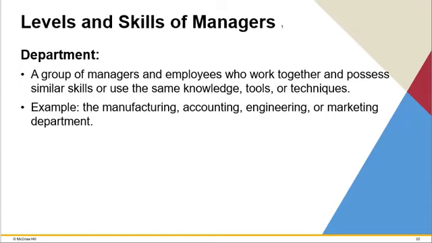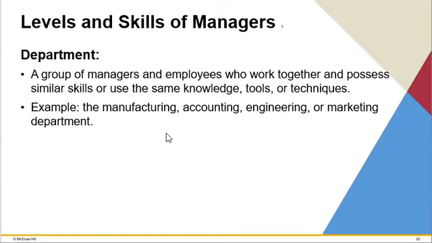Dan untuk each department akan ada seorang manager yang akan pegang department tersebut lah, akan lead department tersebut. And those department could be. Example-nya seperti manufacturing, accounting, engineering ataupun marketing, operational.